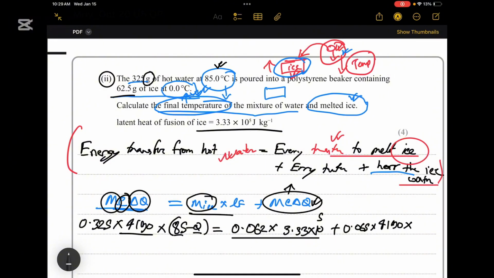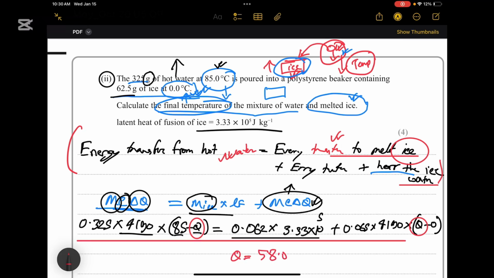The Δθ is from 0 degrees Celsius to a bigger value, because this temperature will increase, so θ minus 0, because this theta value is bigger than 0 and the change will be positive. Now we have to find the theta value. If you do this math and work out the theta value, it will come as 58.8 degrees Celsius.